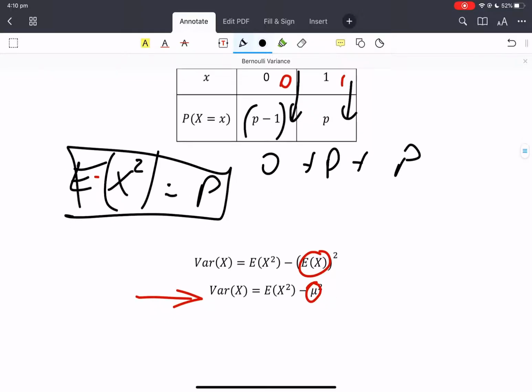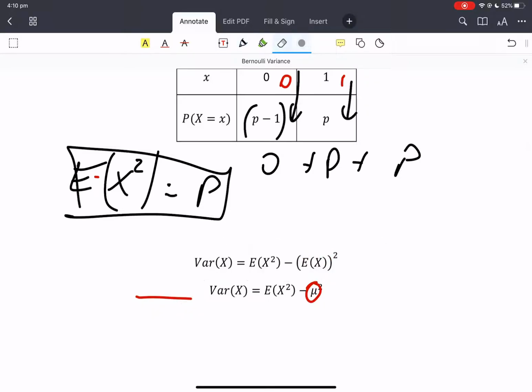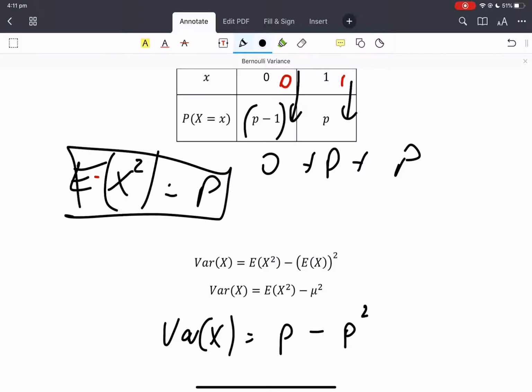Okay, so in this rule here, they're the same rule. The variance of x in a Bernoulli situation is E of x squared, which is p, minus mu squared, and mu was p, so p squared.